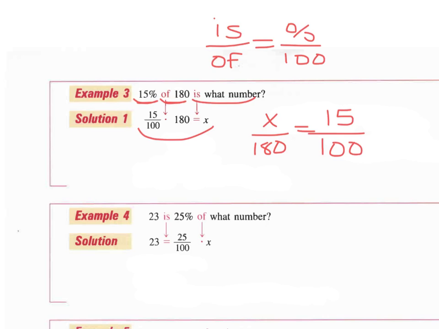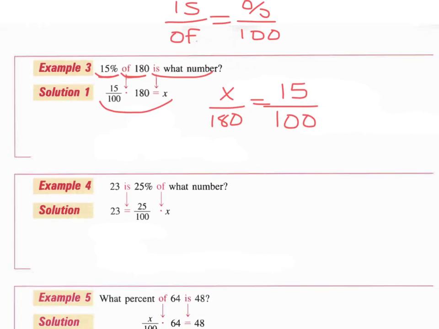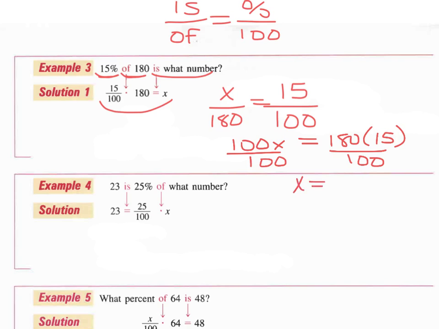And then I'm going to apply the cross products. So here, again, 100x is equal to 180 times 15. So I would multiply this and then figure out what my answer is. So divide by 100, and x is equal to 27.